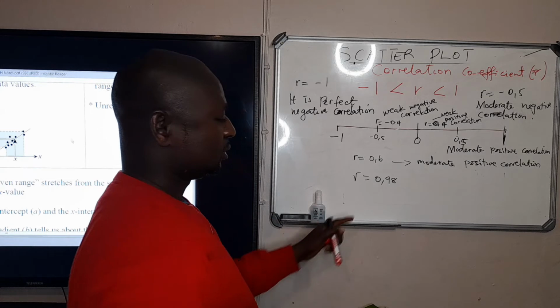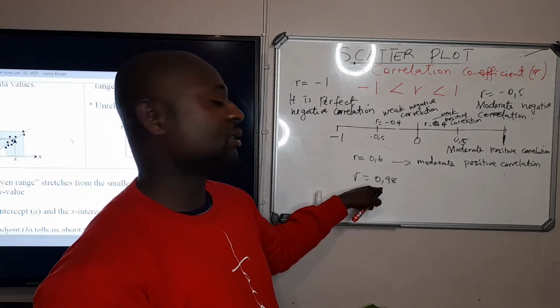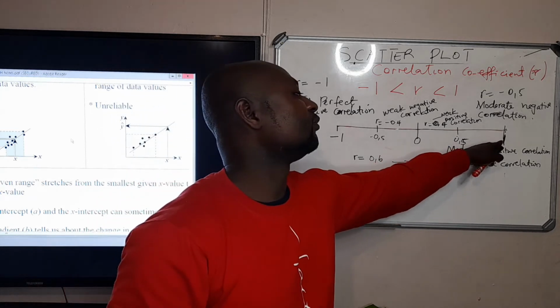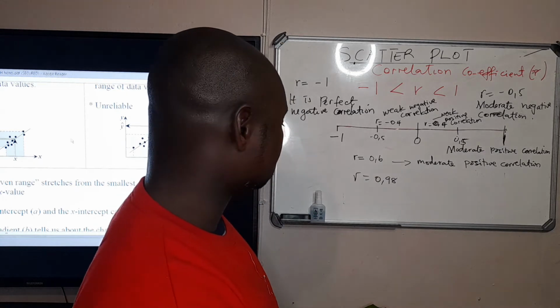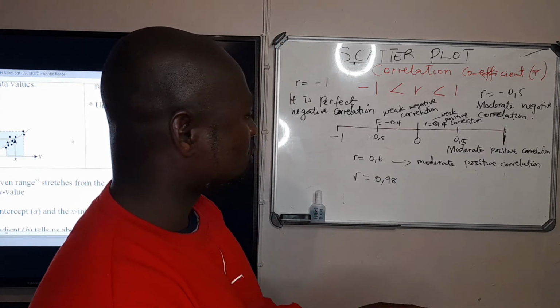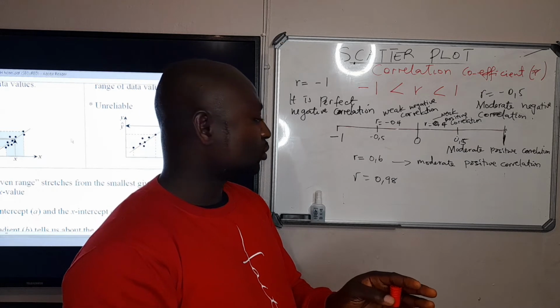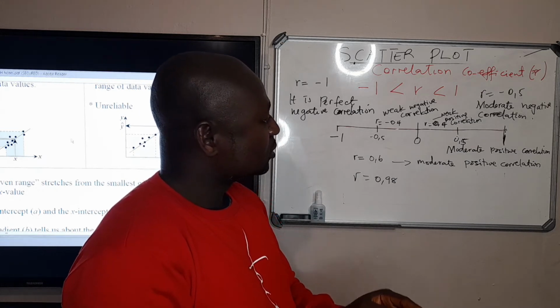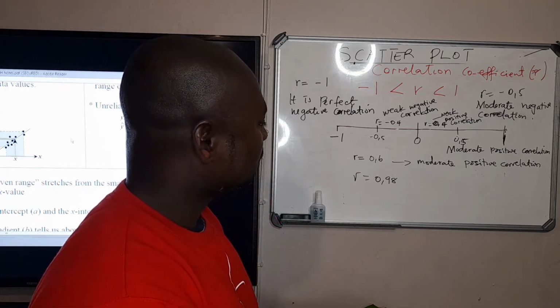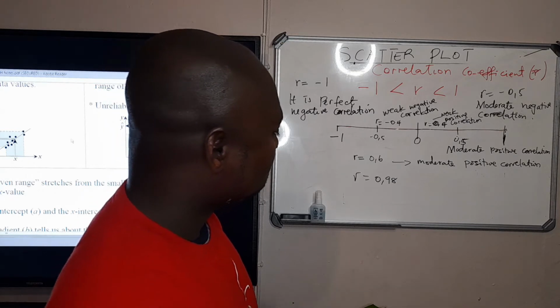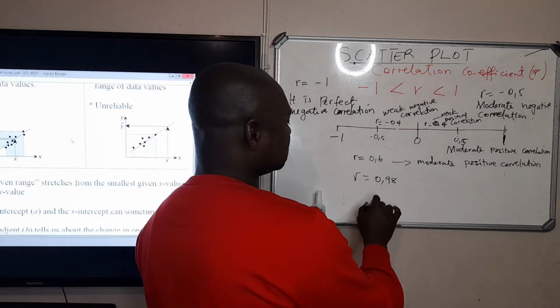Now let's choose R, say 0.98. You can simply see 0.98 is approaching positive 1, and so the correlation is strong. It means most of the scatter plot will come closer to the number line. So R is equal to 0.98.